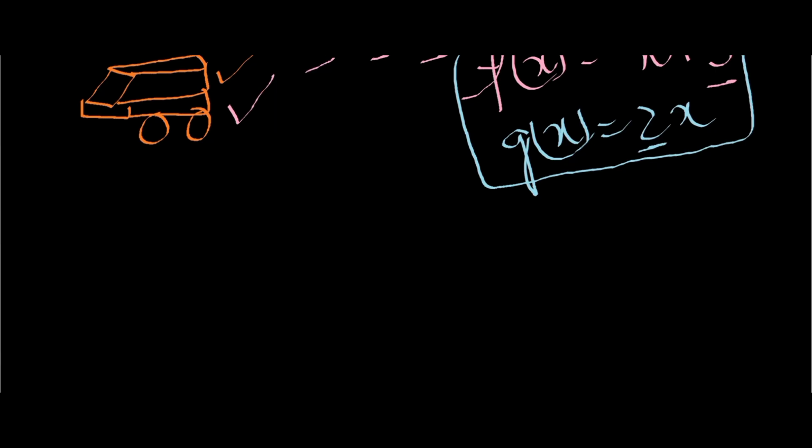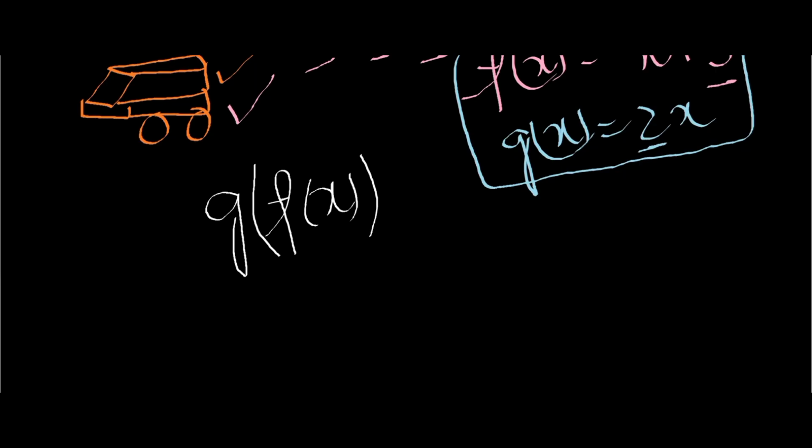I'm going to give you the basic denotation of how to denote a composite function: g of f of x. You can also denote it another way. I'm going to give you the full intuition, so don't worry.